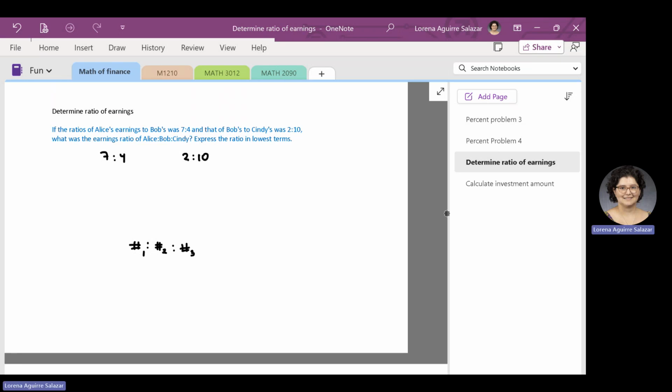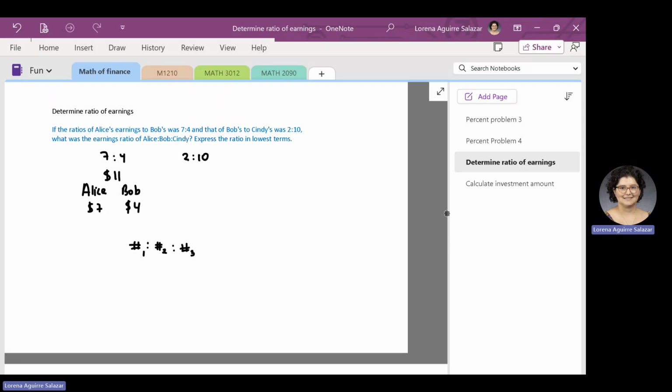Now 7:4 is telling us that if Alice and Bob earned $11 jointly, so there was $11 between them, then Alice would be earning $7 and Bob would be earning $4.